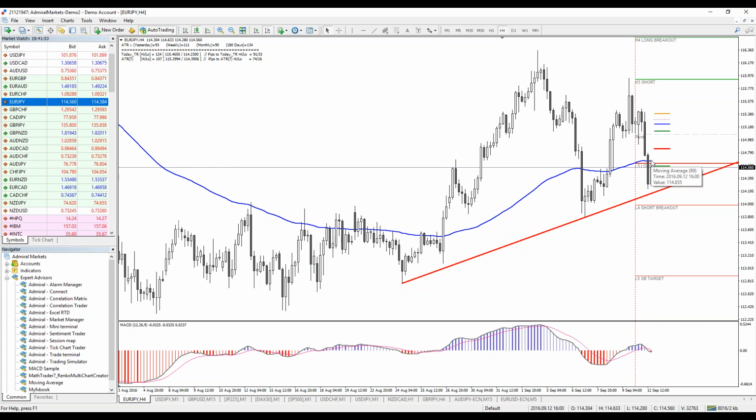Not just break, but actually close with a 4 hour candle above it. Here, you see? So it's trying to go up now. If it doesn't break it, well, we could see a rejection. So it needs to close with a 4 hour candle, and then it could proceed more to the upside.